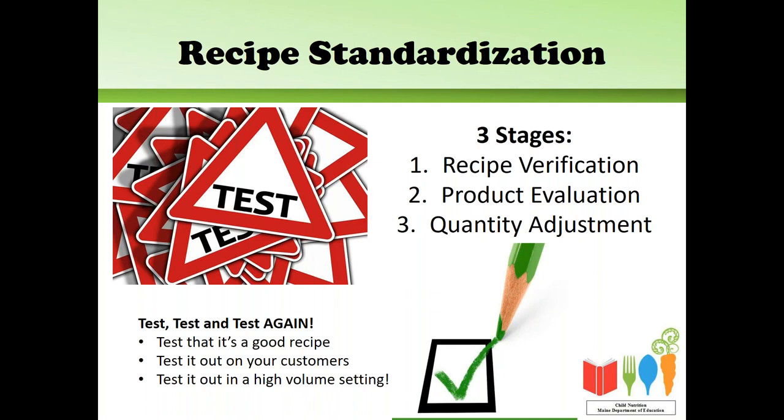Will your students enjoy it? Make sure to have those Try It Tuesdays or any other kind of sample day you can have and get the students' feedback. The third step to recipe standardization is quantity adjustment. This involves changing the yield and ingredient amounts accordingly, or scaling your recipe to suit the needs of your environment.